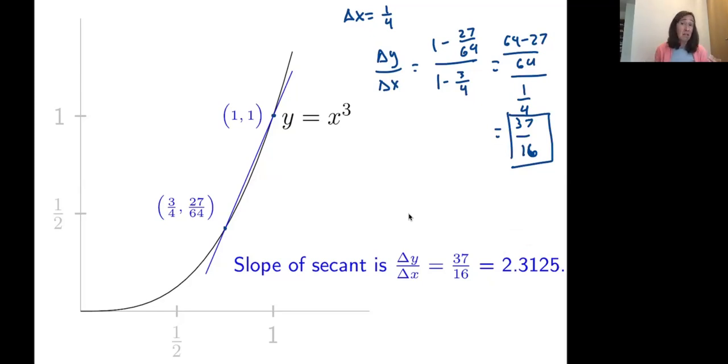We might be thinking the answer is as small as possible. The smaller delta x becomes, the closer the secant line is to the real function, and the closer the slope of that line is to the actual slope of that function, the function that's actually telling you how much a very, very small change in x affects y.